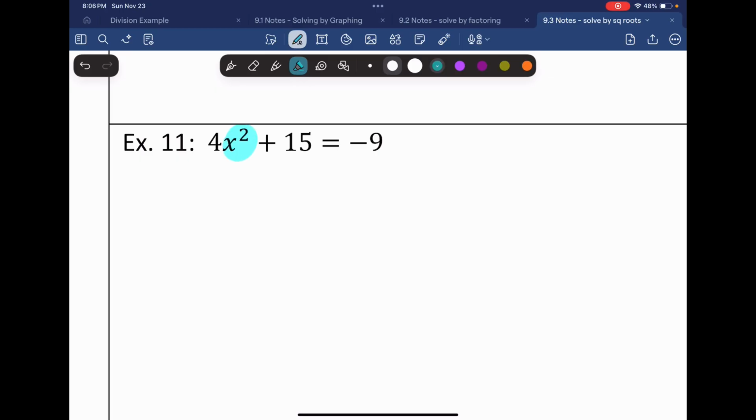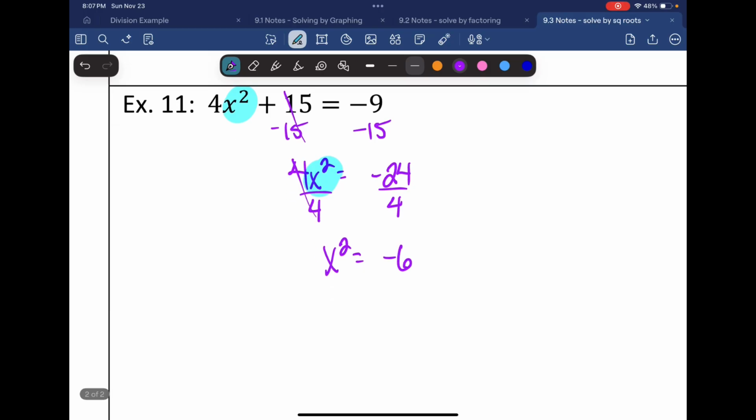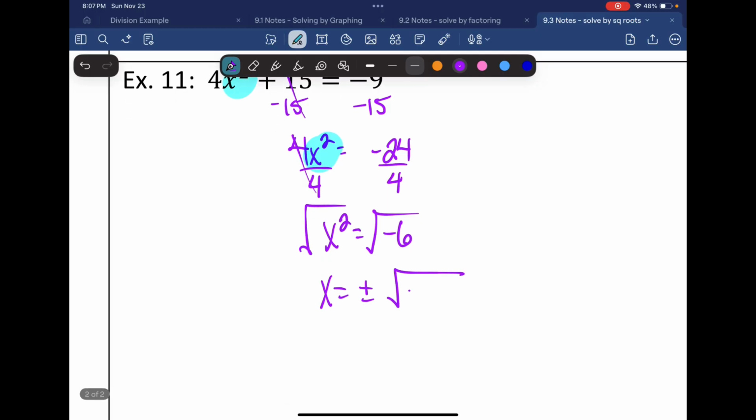There's my square. I'm going to subtract 15. Still have my square, and it's attached to that 4, so I get rid of the 4. Take the square root. You're taking the square root of a negative number, so make sure you take the negative 1 and then the 6.